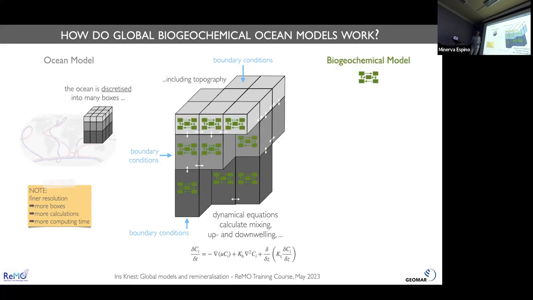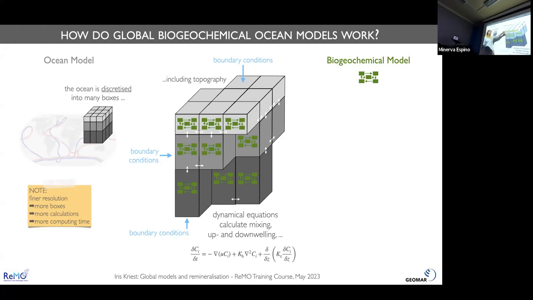And now let's dive a bit into biogeochemistry. What these global models typically do is within each of those boxes, they compute the biogeochemical interactions. So typically the biogeochemical system is represented by individual compartments or tracers or components, here represented as these little rectangles with fluxes going in between.